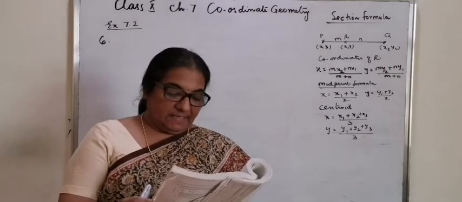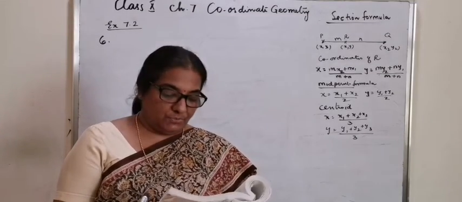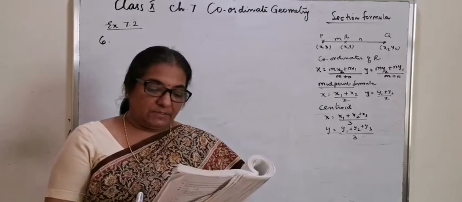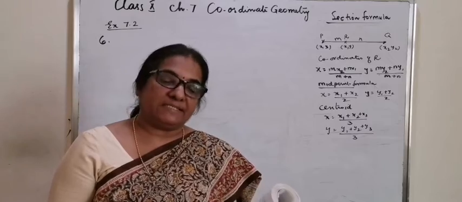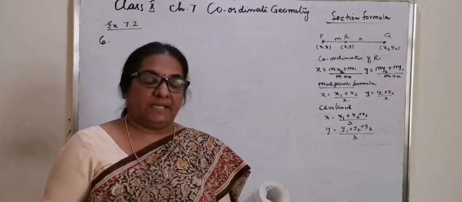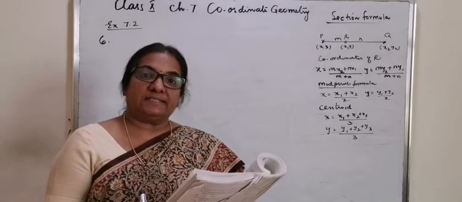Question number 6. If (1, 2), (4, y), (x, 6) and (3, 5) are the vertices of a parallelogram taken in order, find x and y. It is said that the points are taken in order.